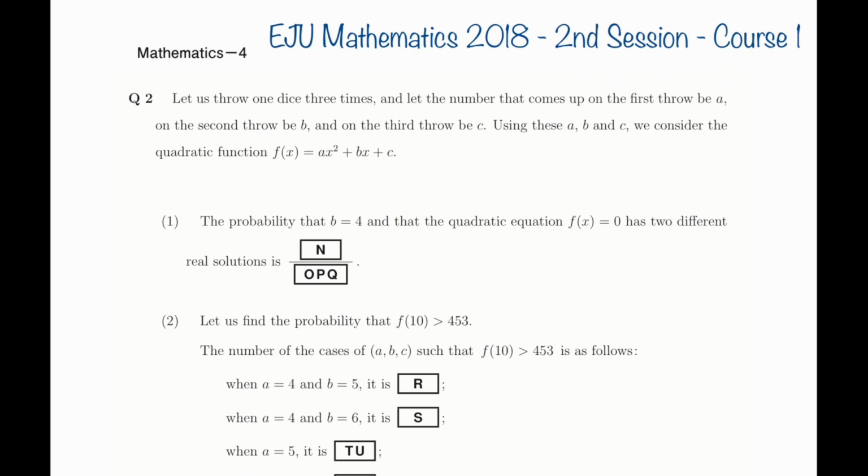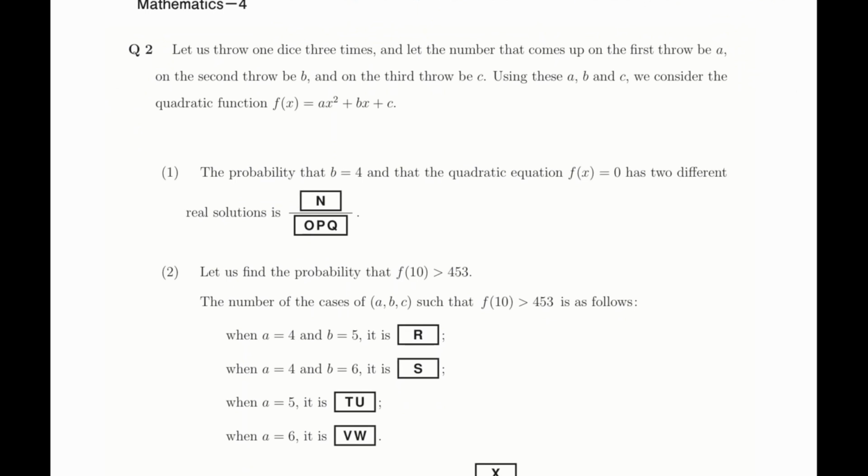In this question, let us throw one dice 3 times. So I have one dice and I will throw it 3 times, and let the number that comes up on the first throw be A. So A is the number from the first throw, the number of the second throw is B, and the number for the third throw is C. Using this A, B and C, we consider the quadratic function f of x equals ax squared plus bx plus c.